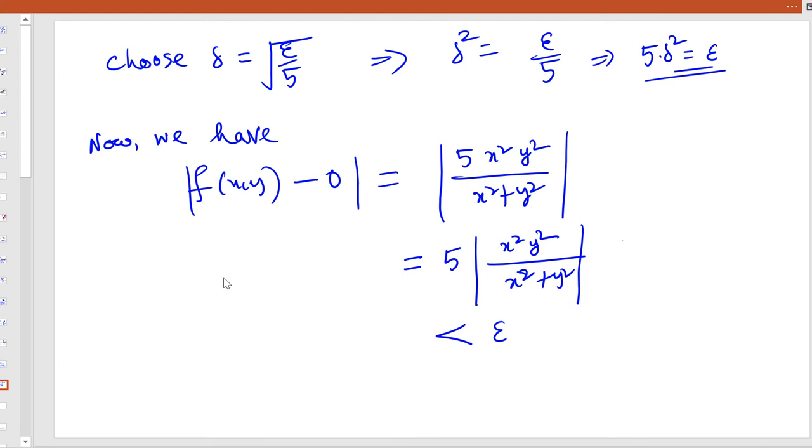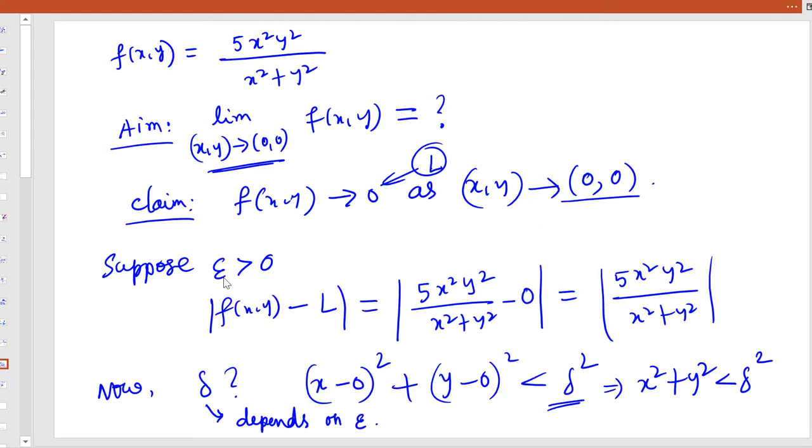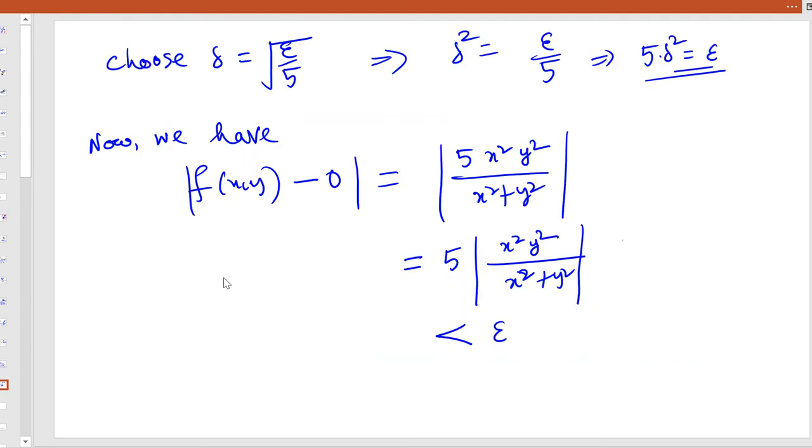So from the previous relation, we have to show this one. Okay, this depends. Suppose we choose this epsilon greater than delta square. Then what happens? Let us try to find out the value of this quantity.